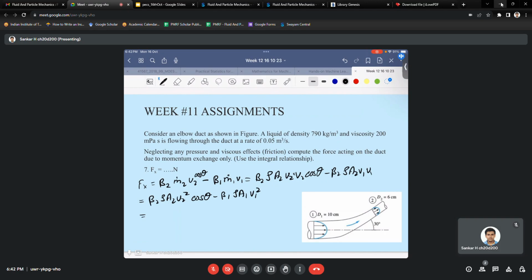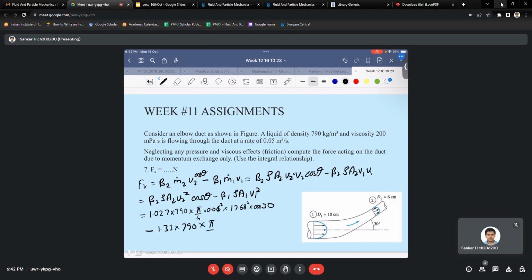Now we found beta 2 to be 1.027 times 790 times area, which is pi by 4 into 0.06 square, times V2 square, which would be 17.68 square, times cos 30, which I think is root 3 by 2, minus 1.33 times 790 times A1.